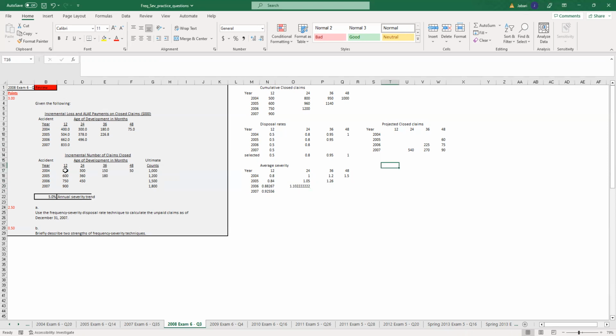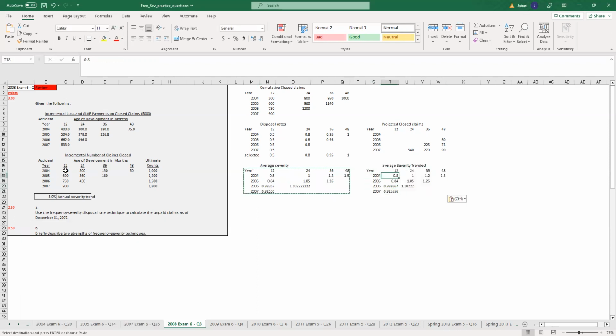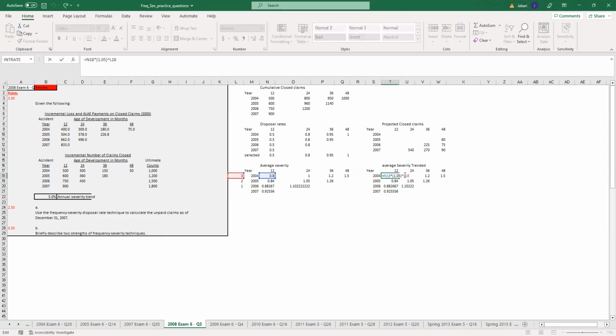So then, once we have the average severity, we need to adjust it to the 2017 level. Severity trended. And this here is more of a perfect choice because really we're going to have to retrend all these to the specific year once we find the average. So there can be other ways of doing this. Actually, attach this guy there.